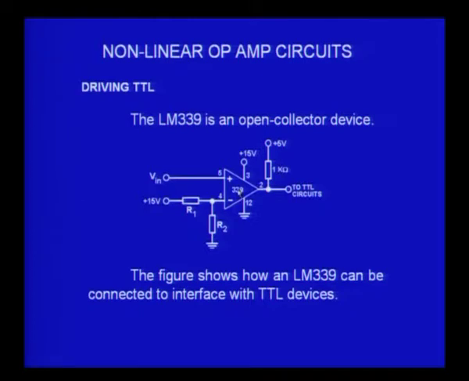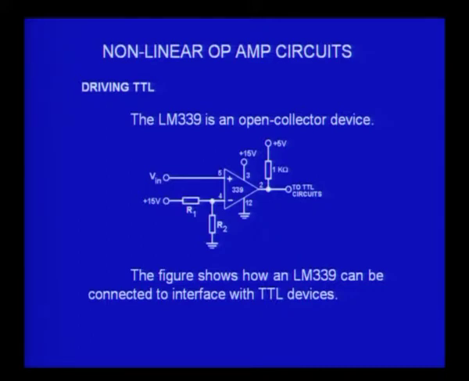For example, in this picture that I have shown, you have V in, you have an R1 R2 divider to have a V reference here, and at the output I have connected plus 5 volts through a 1K resistor to the output. So, this comparator is compatible with digital circuits, because now the output can never be more than 5 volts and less than 0 volts.